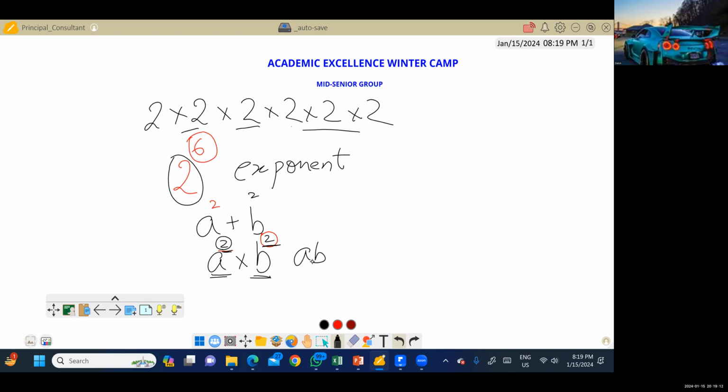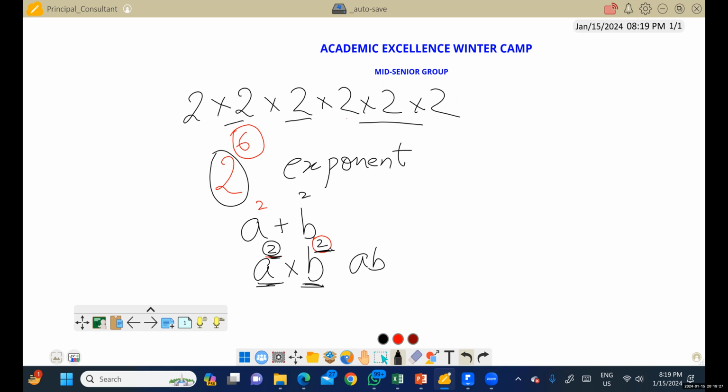Daksh, when I multiply this with this, what do I do with the two powers? Daksh, are you there? Anirudh, what do we do with two powers? If I multiply these two numbers, what do we do with these two powers?